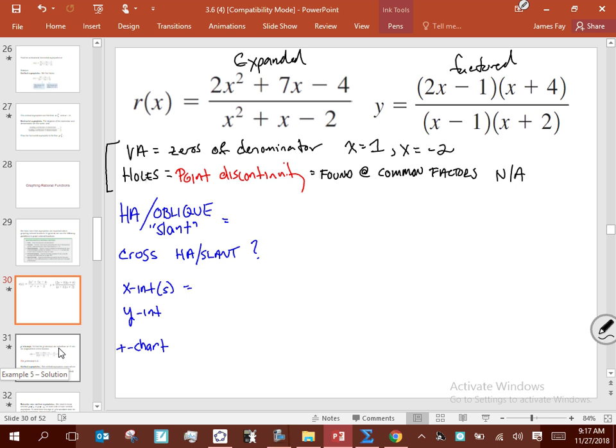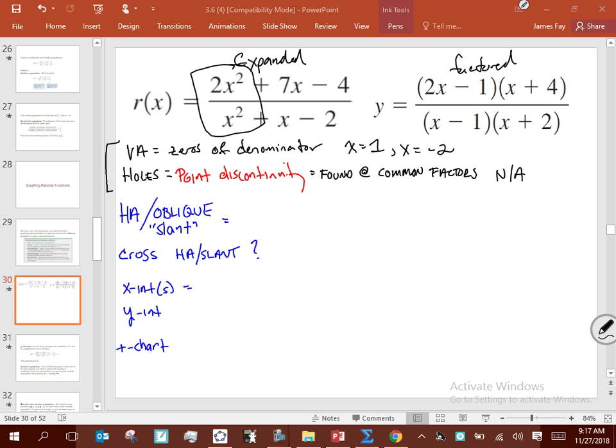If we think about end behavior, the only thing that impacted end behavior for polynomials themselves was that leading term, right? Now because we have a leading term divided by a leading term, that is what dictates end behavior for rational functions. So when we look at 2x squared over x squared, those are our leading terms.